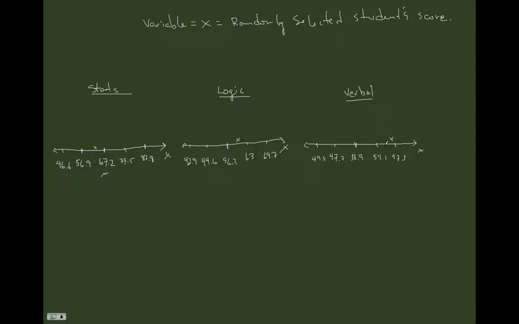So again, if I drew this out with these three different coordinate systems, each one of these coordinate systems I'm creating is centered on a different mu, because we've got the mean for the stats, the mean for the logic, the mean for the verbal, right? Those are all different averages, and then of course they all have different standard deviations as well. But looking at this spatially, I can see that this score for the verbal is the highest score out of the three, relatively speaking.